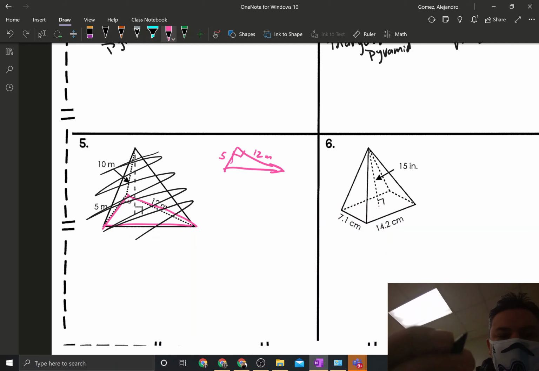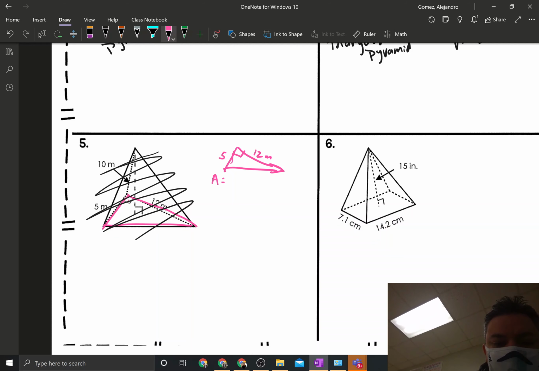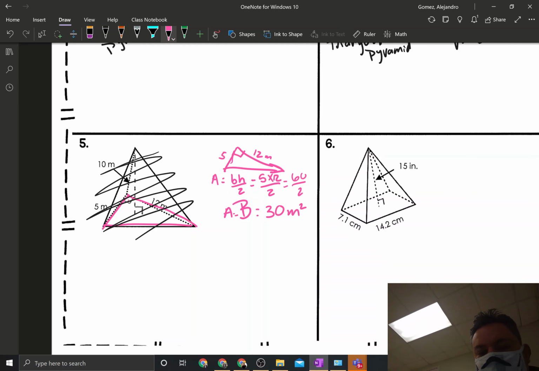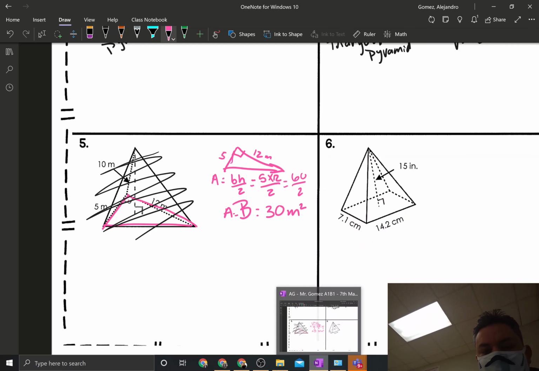I'm only focused on finding the area, which is base times height divided by 2, which is 5 times 12 divided by 2. 5 times 12 is what? 60 divided by 2. So the area of the base is 30 meters square.